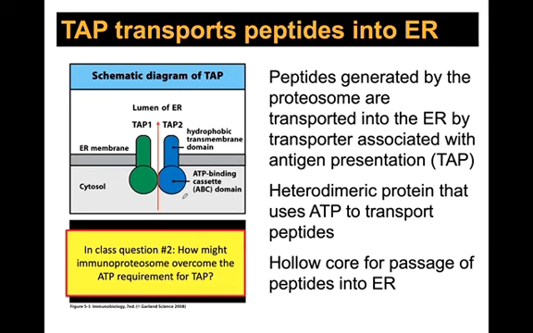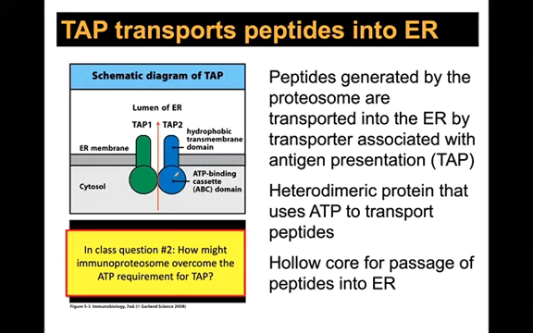Open the channel. Okay, it will open the channel, but by the immunoproteasome binding to it, it holds that channel open. And so you don't get ATP being converted to ADP and sort of closing of the channel.